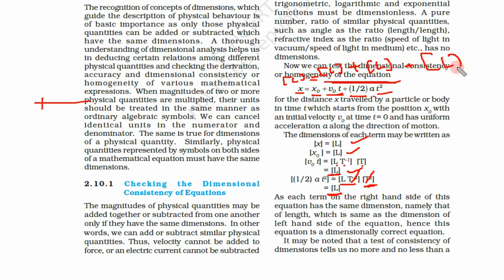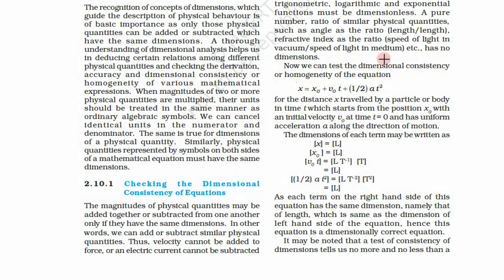So after all the calculations of this difficult equation, what we can see is that this has dimension of L, this is L, this is L, and this is also L. And you know that the left hand side is dimensionally L. When we add these dimensions, L plus L plus L, we can add quantities but the dimension will remain L. Hence this equation is dimensionally correct.